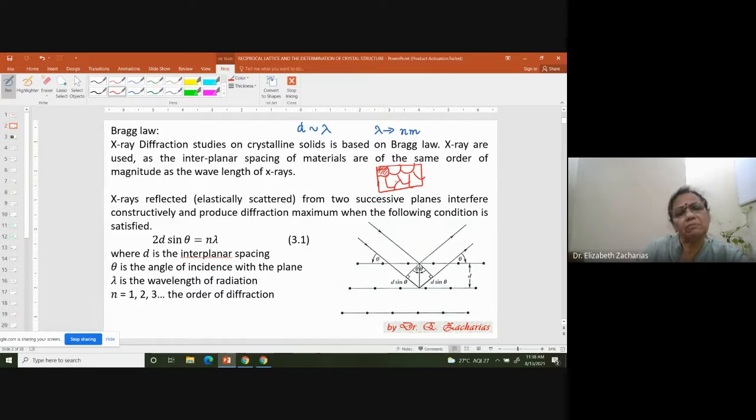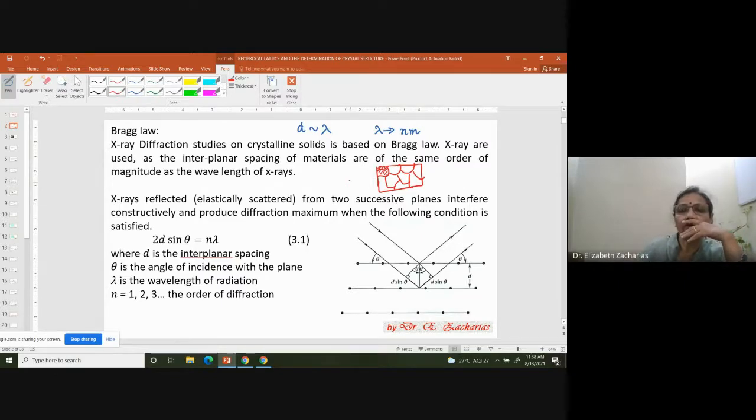There will be different orientations of the planes, like for example, 100, 011, 001, 200, 002, 020, 211, 121, like that, different orientations of planes will be there.